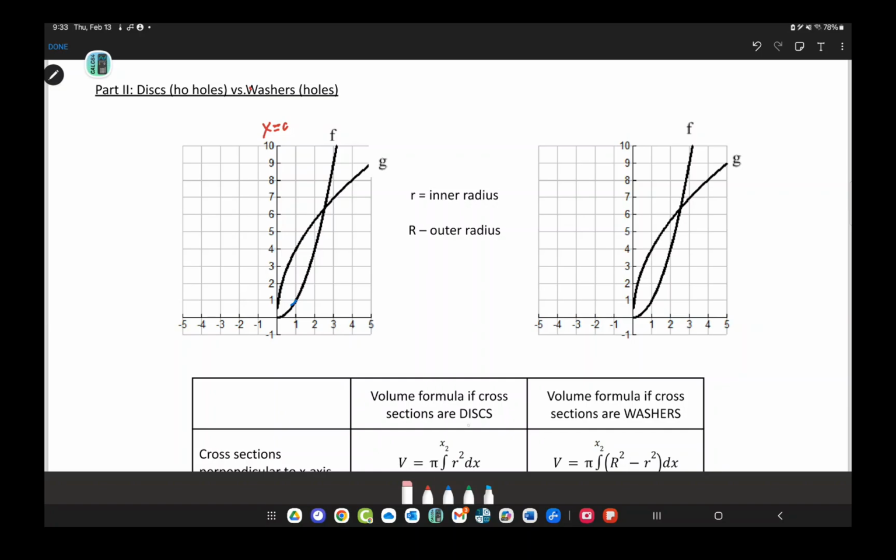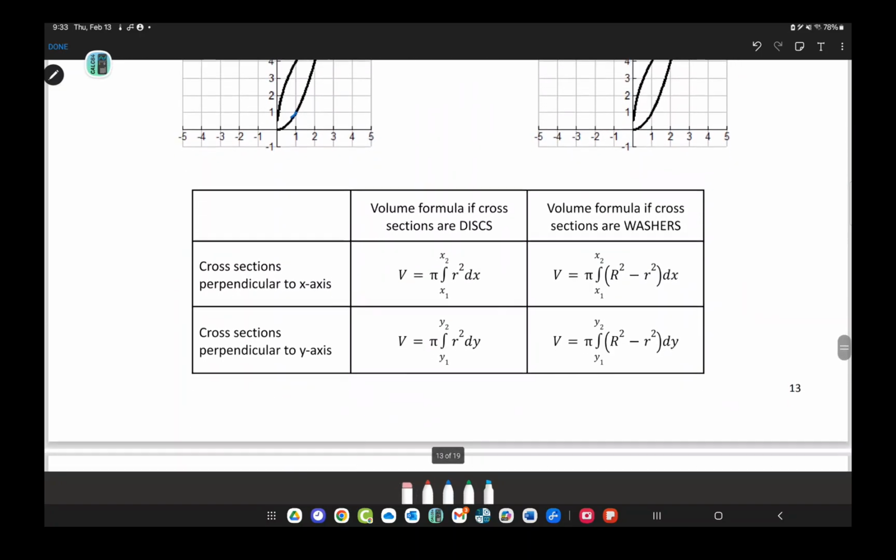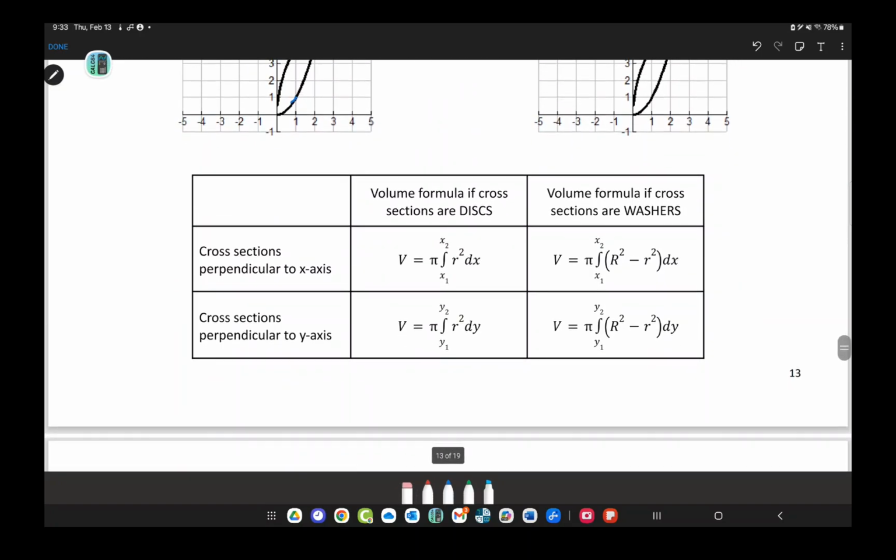So here are the two methods. The disk method. If I'm rotating this, what is my overall shape going to be? A circle. So I need pi r squared times the height, or times the width, really. Pi r squared times the width. And what's the width in this case? It's the bounds.